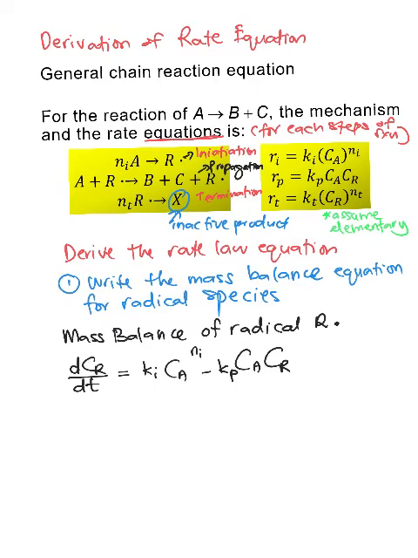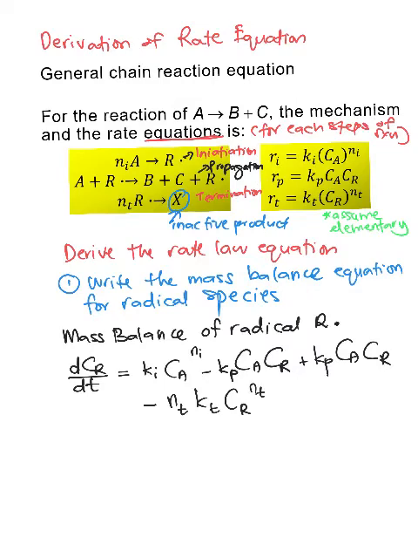So we need to consider both, so plus Kp Ca Cr. Later we cancel out. And then in the third step, R disappears. So minus Nt Kt Cr power of Nt.